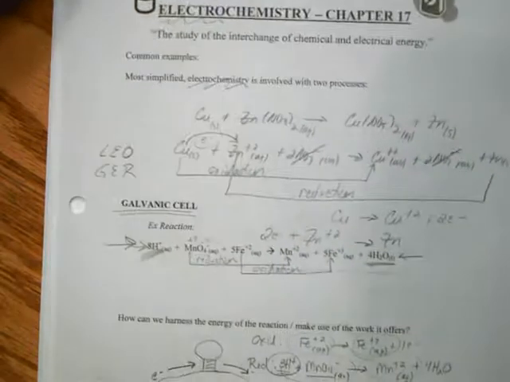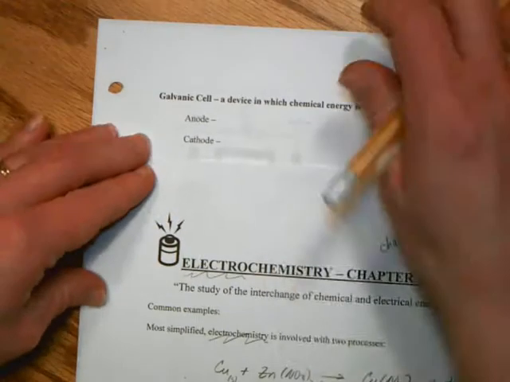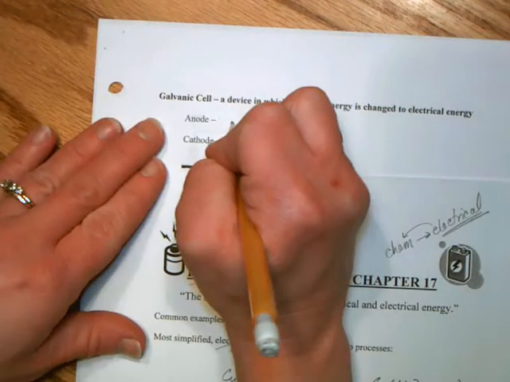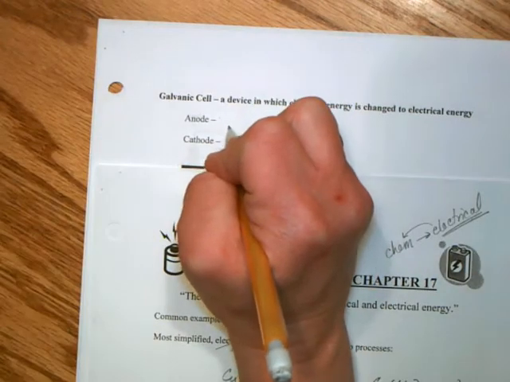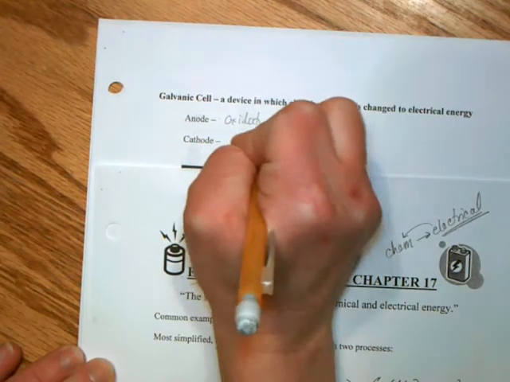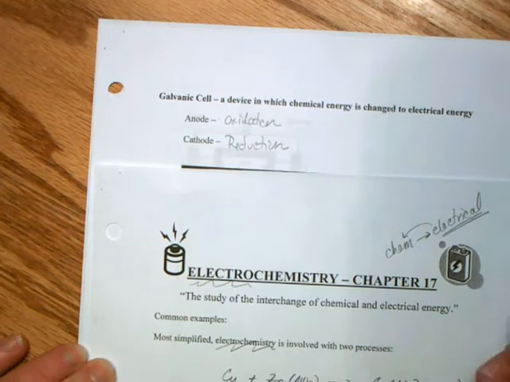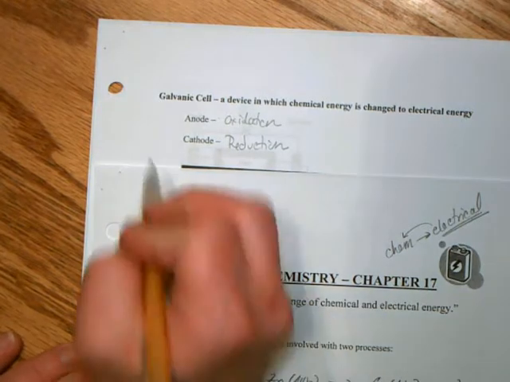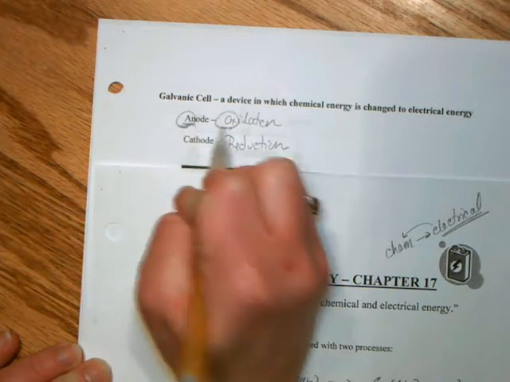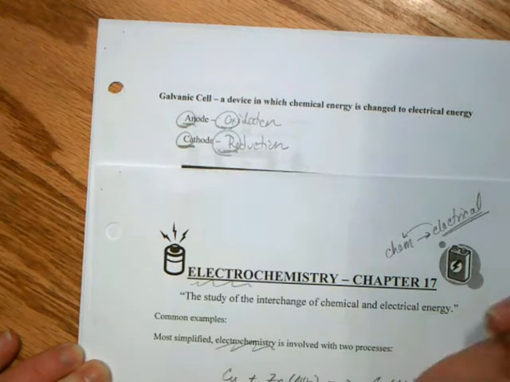So on the next page in your packet, it talks about anode and cathode. Anode is the cell in which oxidation occurs. And the cathode is where reduction occurs. And I know this is quite silly and cheesy, but I always remember we have vowel and vowel, anode, oxidation, and consonant and consonant, cathode, reduction.